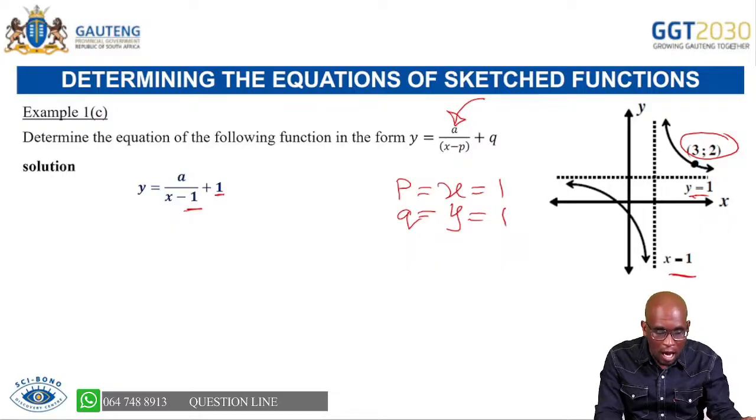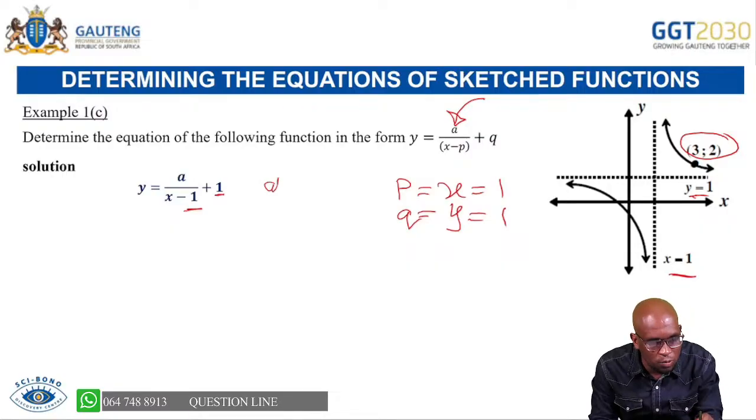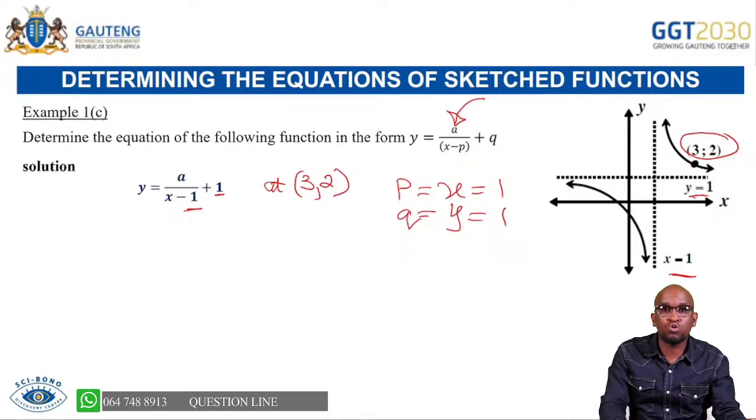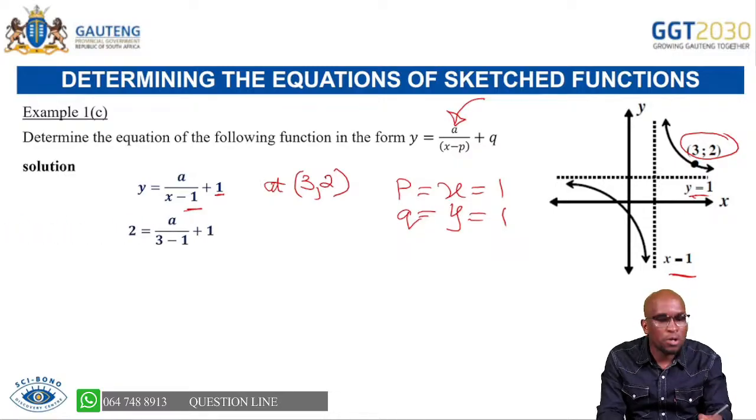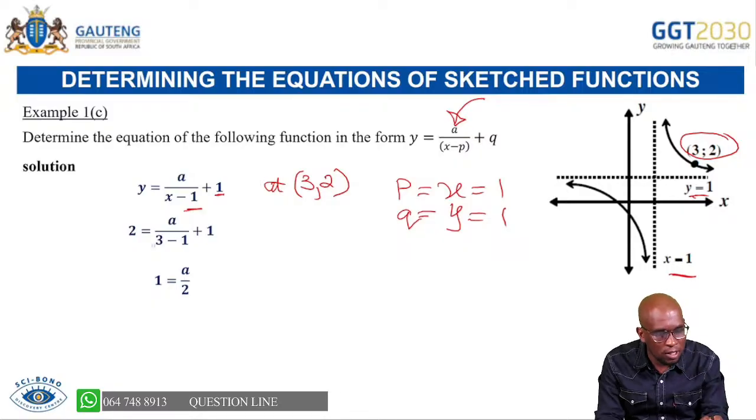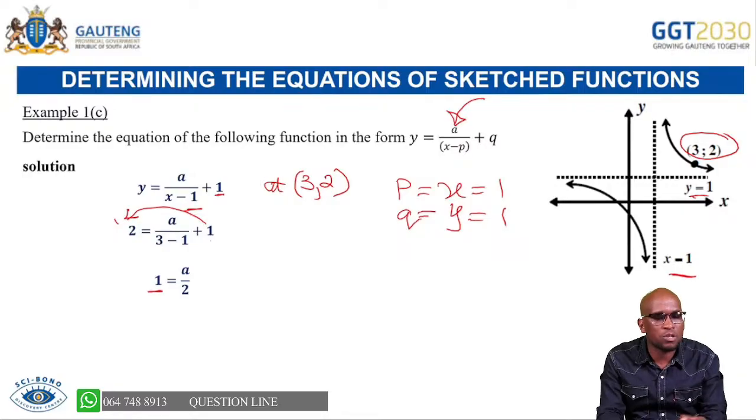Now that we've substituted that, we will then substitute the point (3; 2). Where we see x, we put 3. Where we see y, we substitute 2. So now we have 2 equals a divided by 3 minus 1, plus 1. Then we simplify that: 3 minus 1 is 2. We transpose this one to this side, so 2 minus 1 will give us 1 there.